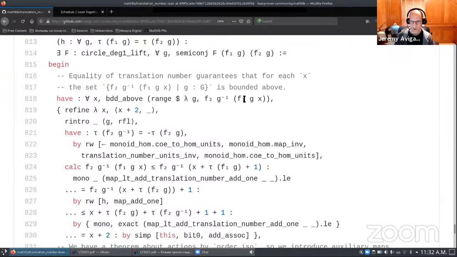So there's also a question in the chat from Heather. Heather, do you want to ask it out loud? Yeah, sure. I was asking about the method that you choose of lifting to the line. Is this also the standard way of proving these results in the mathematical literature? Yes, it's actually hard to deal with maps on the circle without lifting them to the real line.